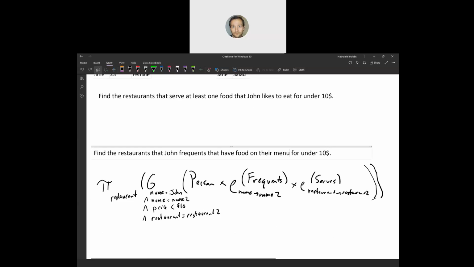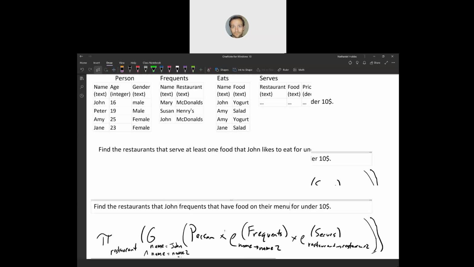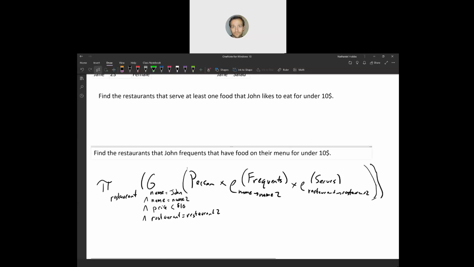That's what this returns. And actually you don't even need the person table here because the frequents table already has the name. But still, this makes sure that when you're checking the name here, that would be a restaurant that he frequents, and then this would just be restaurants that have a price under $10.